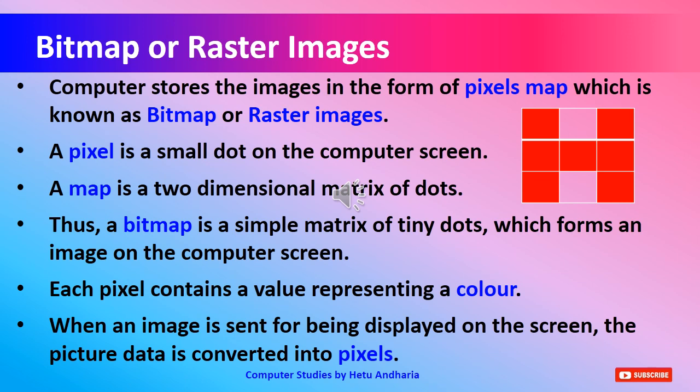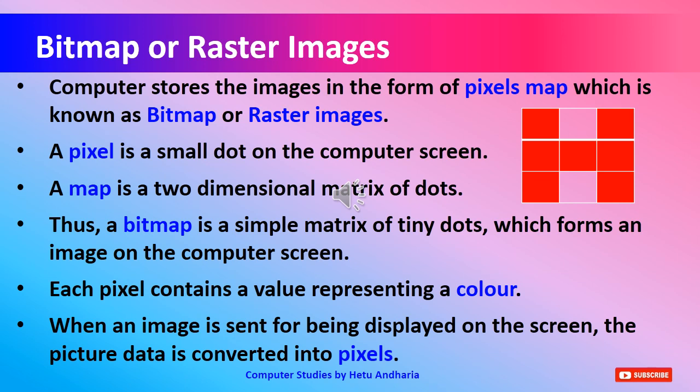First, we are going to discuss bitmap or raster images. The computer stores images in the form of a pixel map, which is known as a bitmap or raster image. You can compare it with the square-lined book which you used for mathematics in your childhood, right?